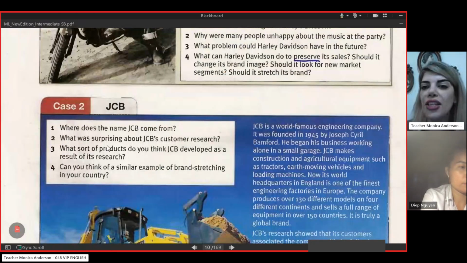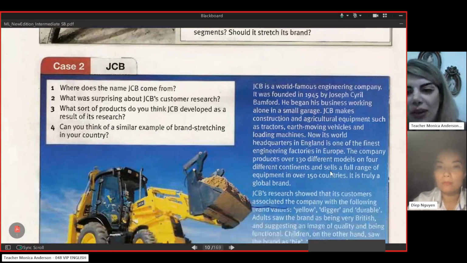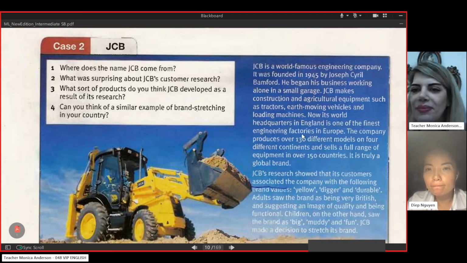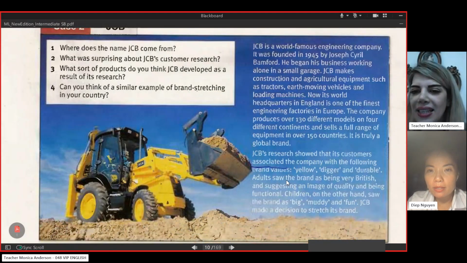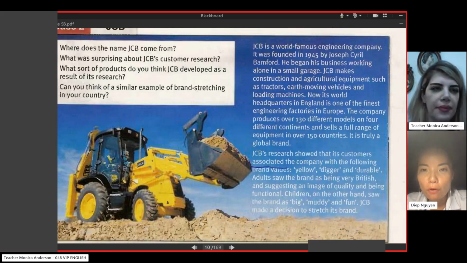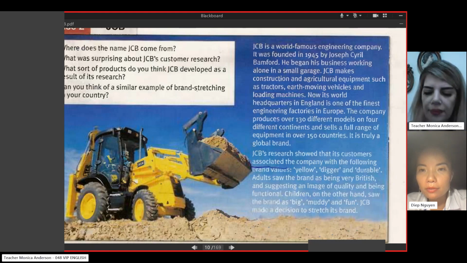Okay, so we have JCB. We have another reading. Okay, let's read. JCB is a world-famous engineering company. It was founded in 1945 by Joseph Cyril Bamford.